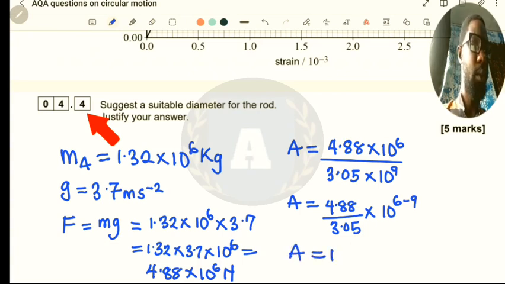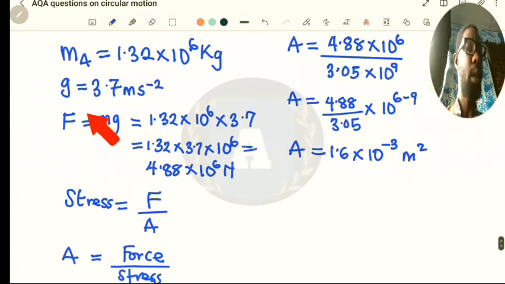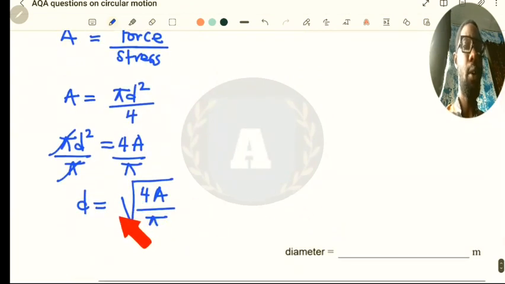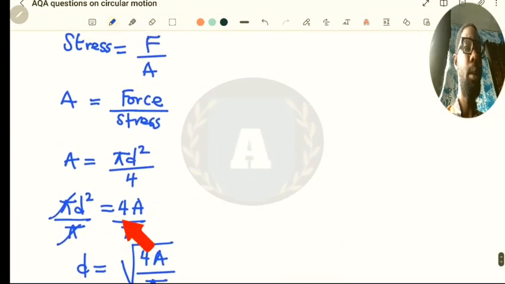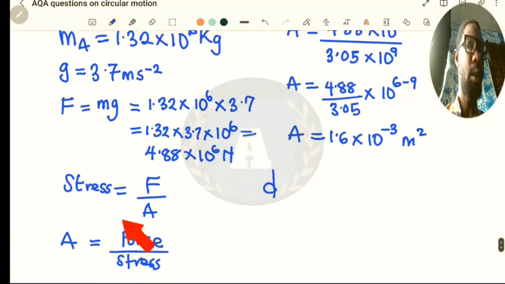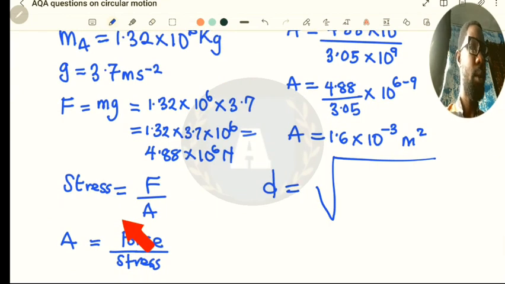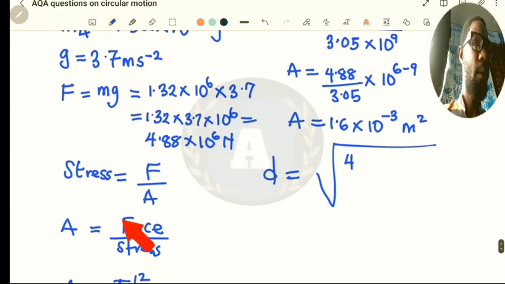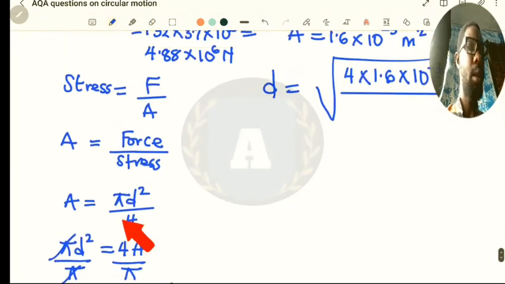So the area is 1.6 times 10 to the power of minus 3 meters square. So we can now substitute the area in this equation to get the diameter. Diameter will be equal to the square root of 4 multiplied by 1.6 times 10 to the power of minus 3, divided by pi.